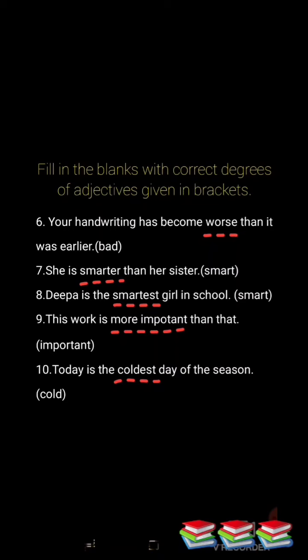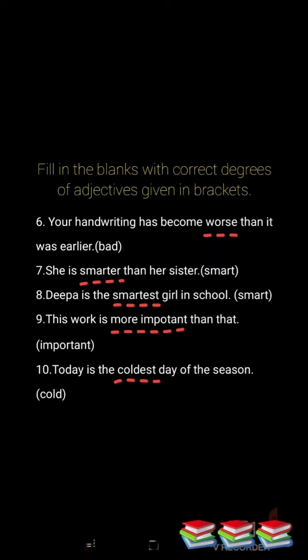Same thing. Your handwriting has become dash than it was earlier. You have to convert bad into the comparative degree, because there is a "than" after the blank, so it becomes worse. She is dash than her sister. There is also "than", so you have to use the ER form, smarter. Deepa is the dash.